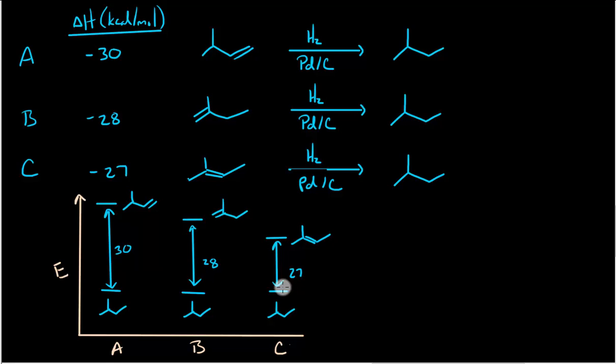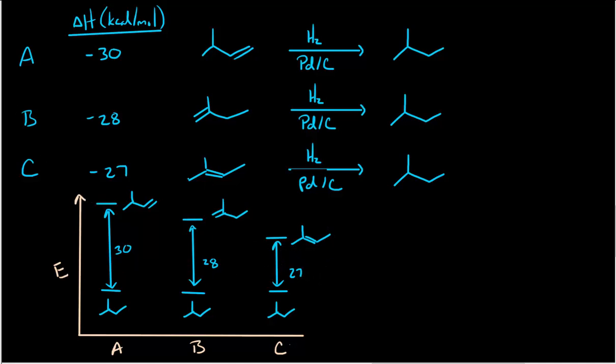In general, whenever you're looking at energy diagrams like this, the higher on the y-axis a molecule is, the more energetic it is. And the more energetic the molecule is, the less stable you generally consider it to be. What we can do here is draw a general comparison between this alkene, this alkene, and this alkene.